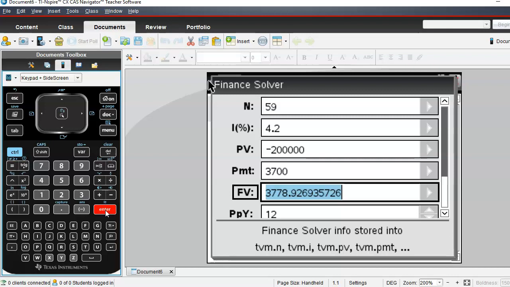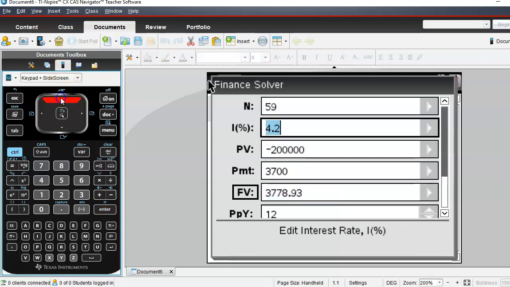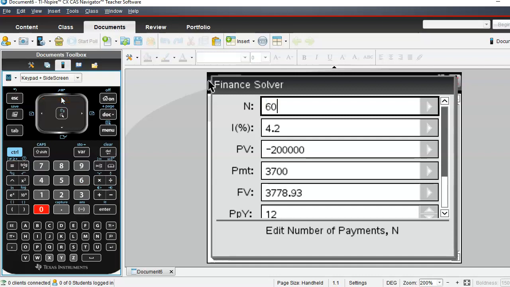So it still hasn't fallen below 3,700. So after 59 months, it's still above $3,700. So that means we're really looking for that 60th month, aren't we?